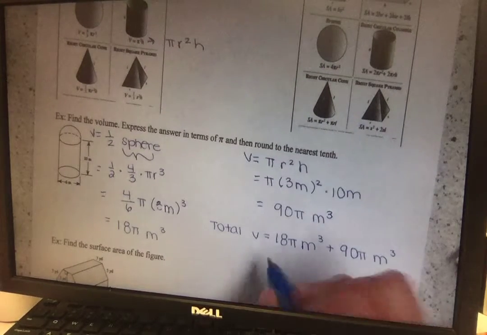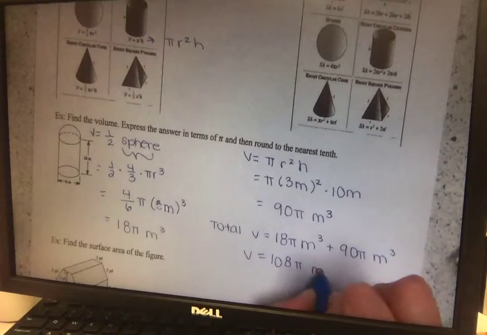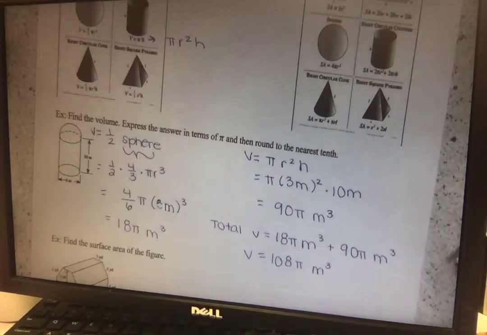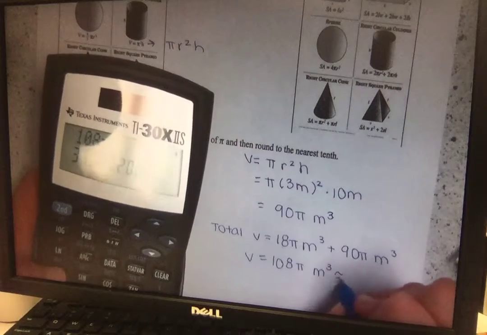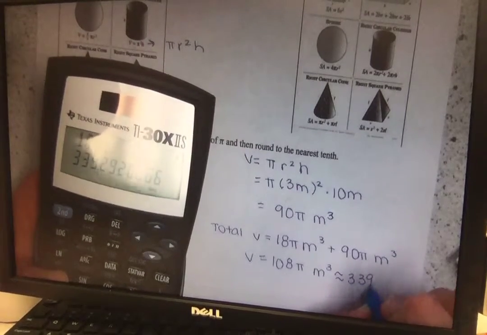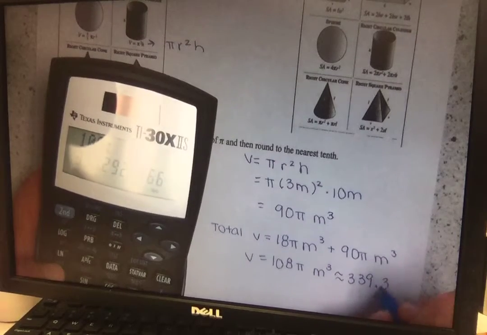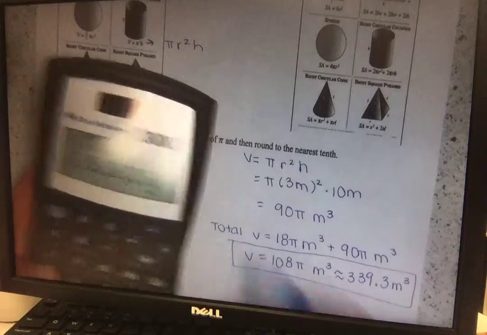So you will get a total of 108 pi meters cubed. So that's our exact answer. And then rounding it to the nearest tenth. So we have 108 pi will give us about 339.2. Looking next door is a 9, so it's going to round up to 339.3 meters cubed. Final answer.